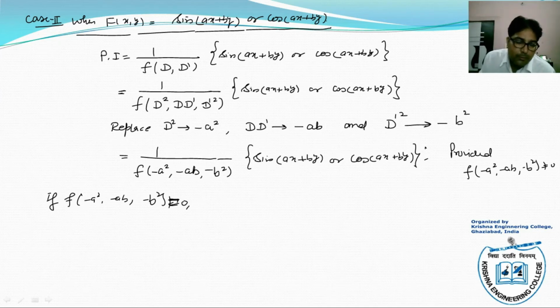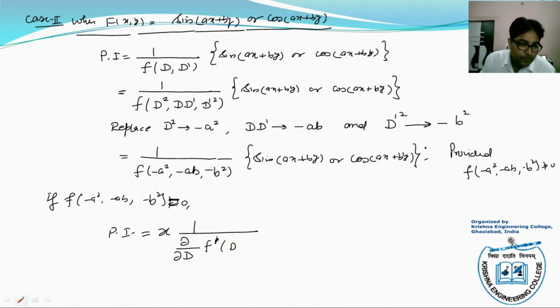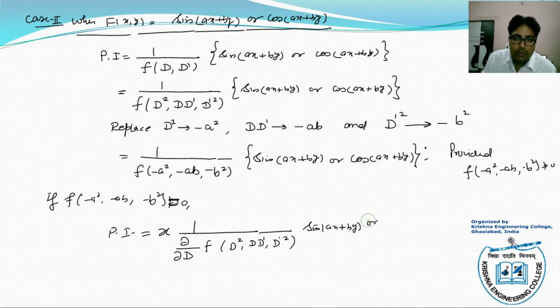Suppose in this case PI is, if we multiply x, then differentiate partially with respect to capital D. So this is differentiating D square, DD' and D' square, sin(ax plus by) or cos(ax plus by). Clear?